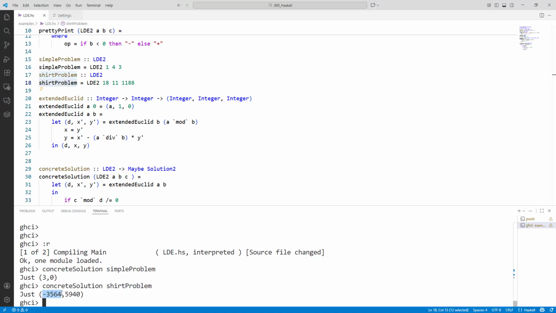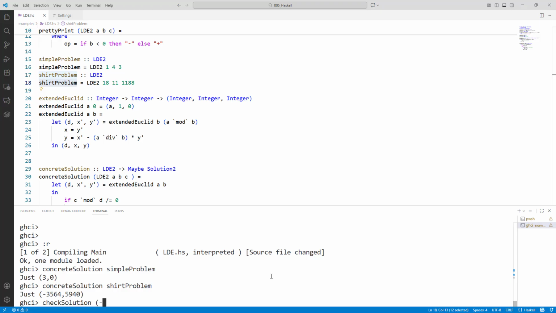So instead of buying, if we are selling t-shirts and we sell 3,564, we can buy 5,940, which is not that bad, I guess. Let's use the check solution with this number. I'm just curious, check solution.